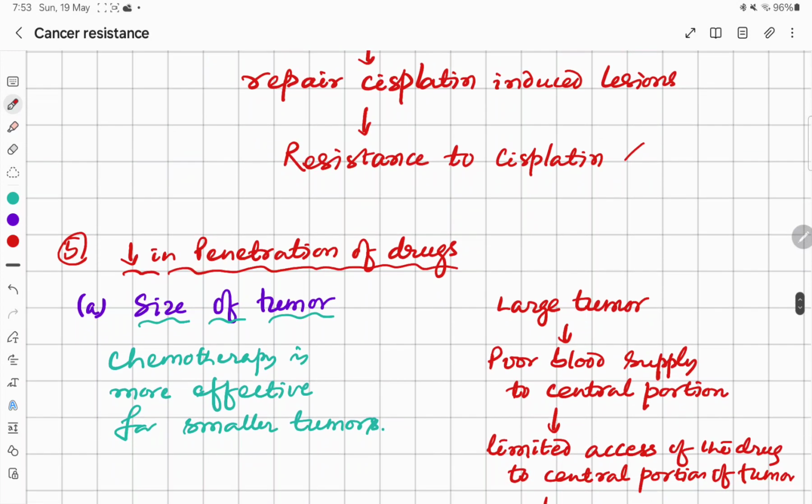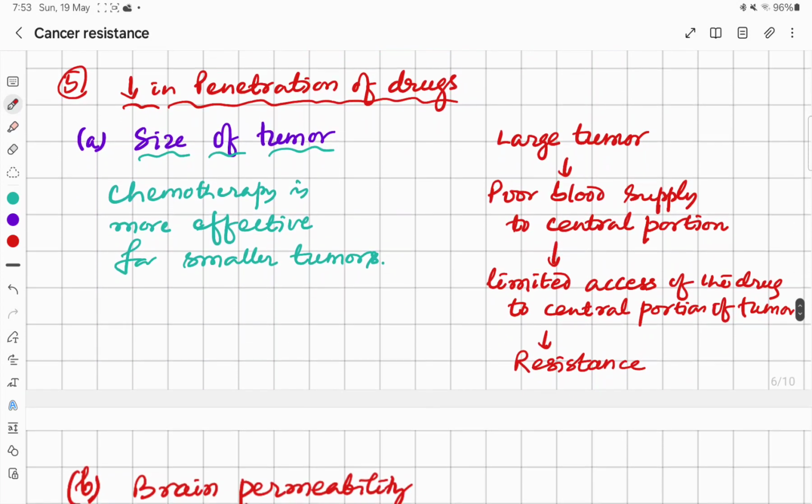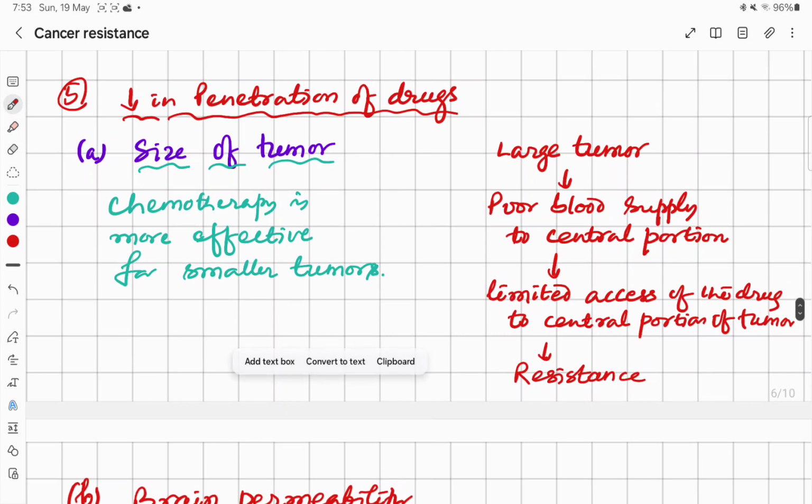Now we'll discuss the fifth mechanism of anti-cancer drug resistance. The fifth mechanism is decrease in penetration of drugs, and it depends on the size of the tumor, because chemotherapy is more effective for smaller tumors. The central portion of large tumors tends to have a poor blood supply, and drugs will have limited access to the central area of a large tumor.